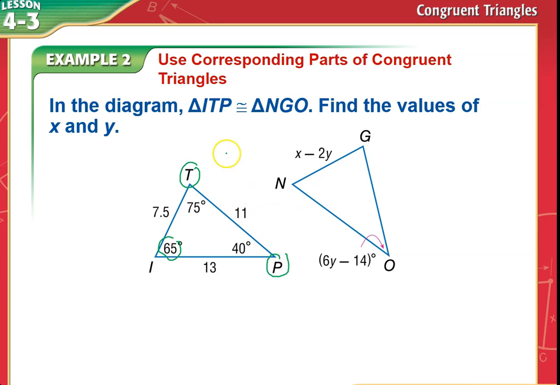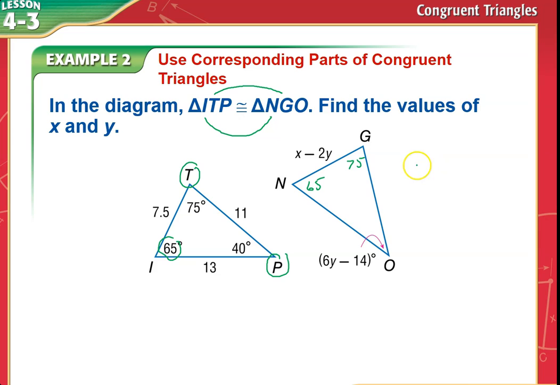So we can match up the I to N. So we know that my N we could say is 65. And then the T matches up with the G. The T is 75, so the G must be 75. And that leaves us the 40 degrees.